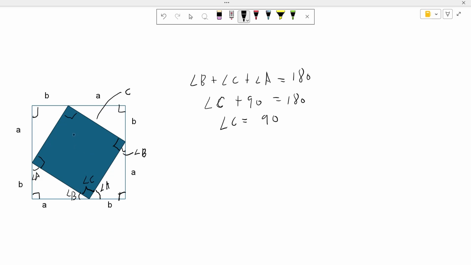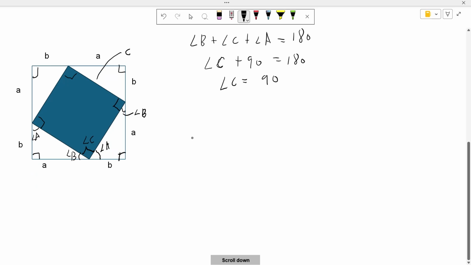We can do it from sort of inside out, like add the area of this plus area of the four triangles, or we can do it just from the outside, which is a plus b times a plus b, or length times height.